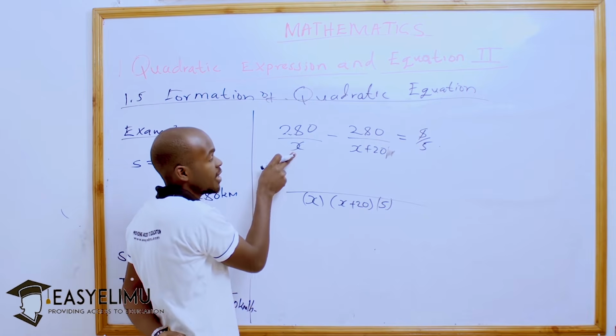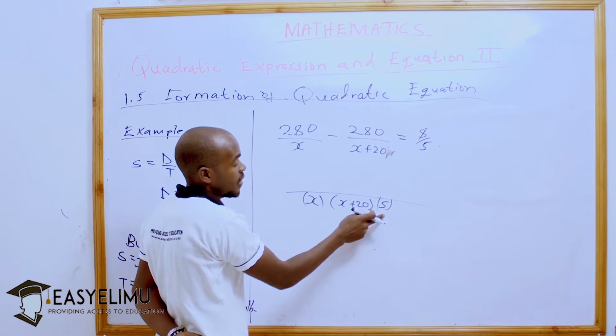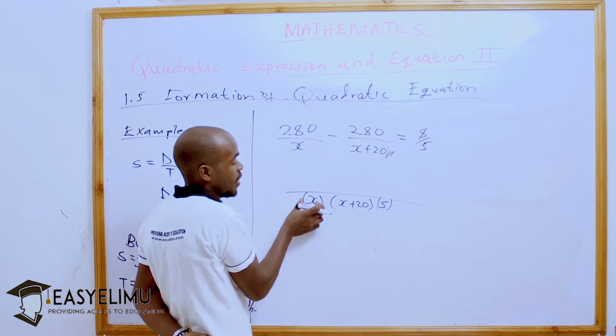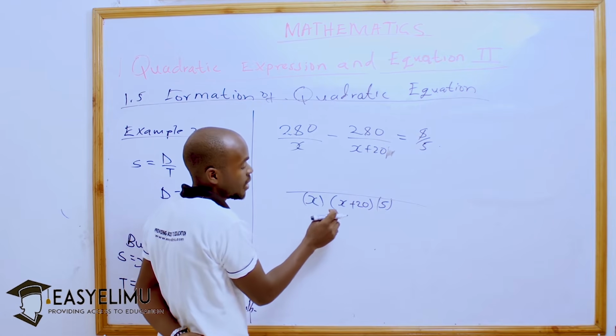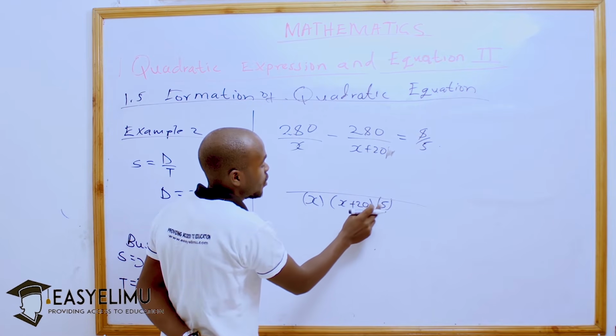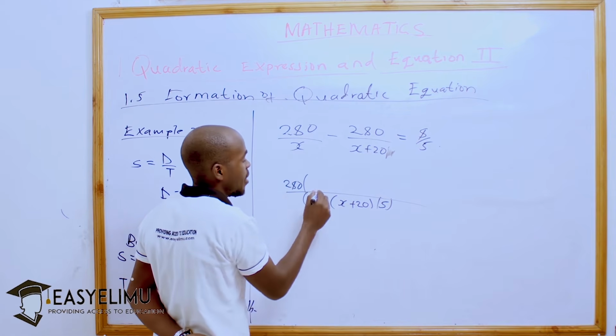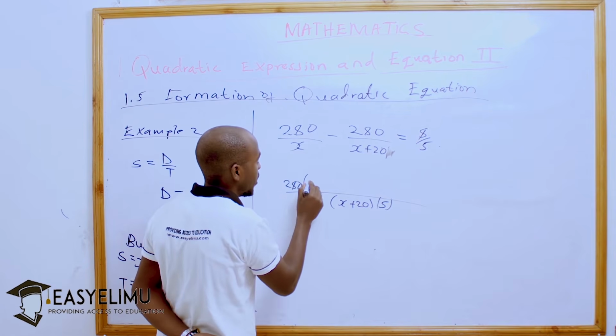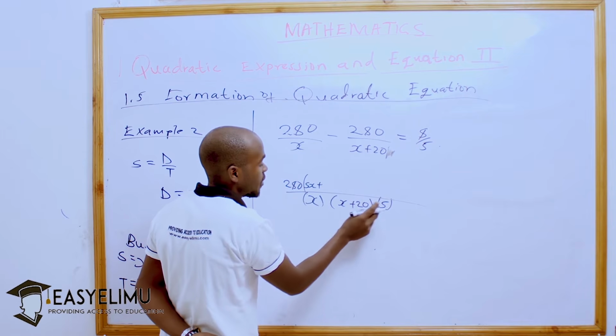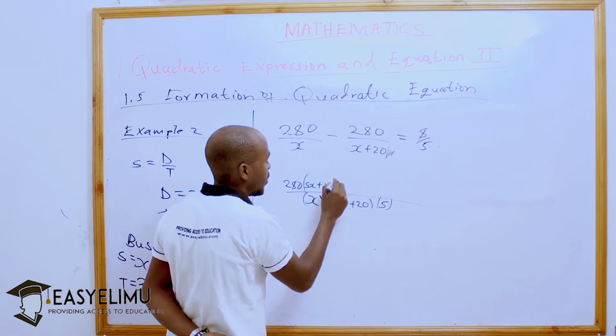So if that's the case, then x will go into this LCM. Now this one will cancel out, and I remain with this. So I'm going to take 208, which is on the numerator, and multiply by 5 by x, I will get 5x, plus 5 by 20, I will get 100.